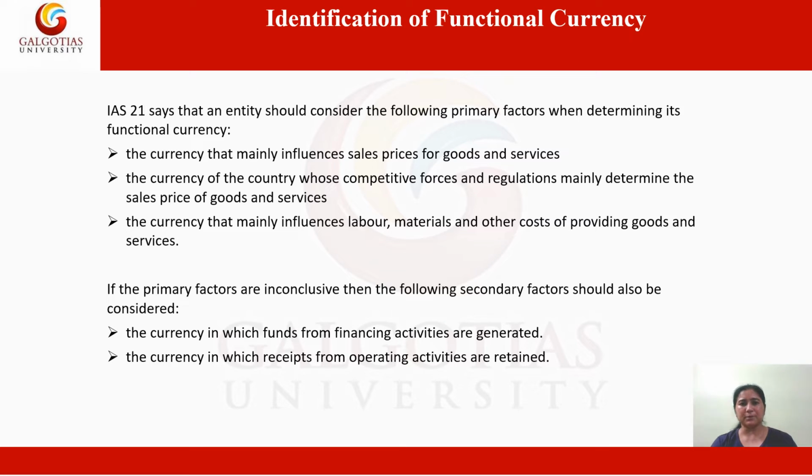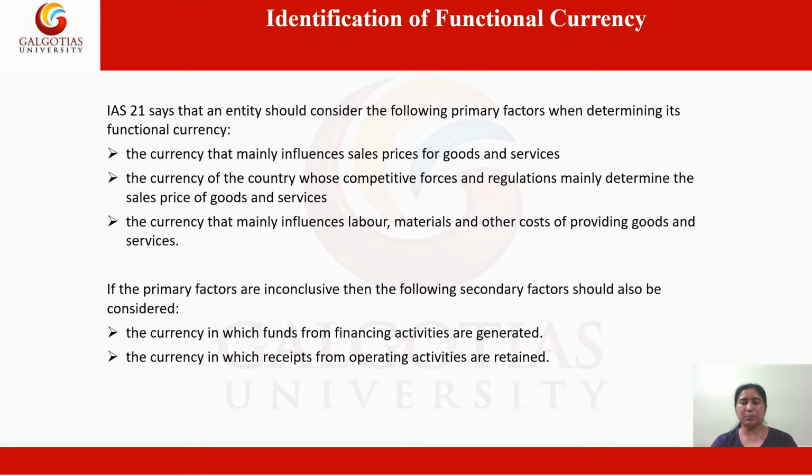The primary factors include three major aspects. The first is the currency that mainly influences sales prices for goods and services. The second is the currency of the country whose competitive forces and regulations mainly determine the sales price of goods and services.